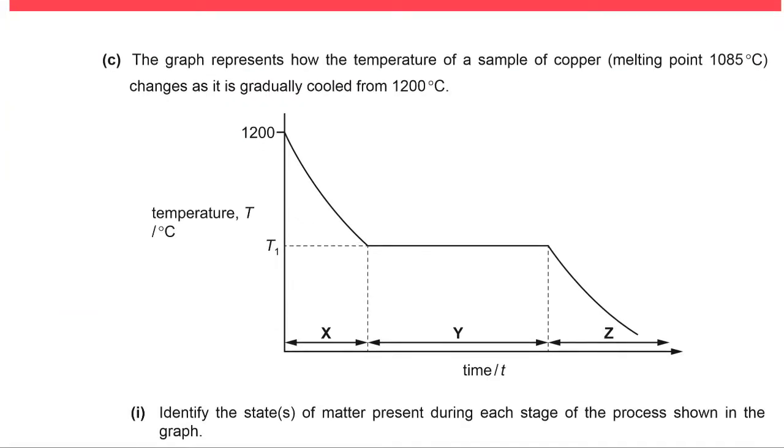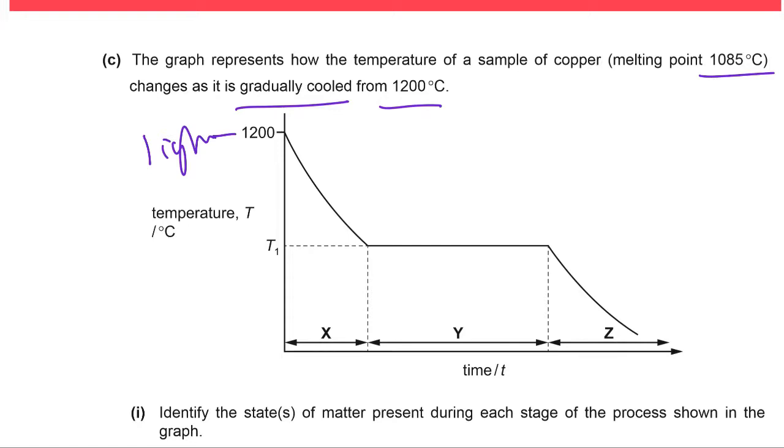Here we have the graph representing how the temperature of a sample of copper, with melting point 1085 Celsius, changes as it's gradually cooled. That means here we will decrease the temperature from 1200 until it cools down. So we will start from 1200. That is more than the melting point, so here it's liquid.